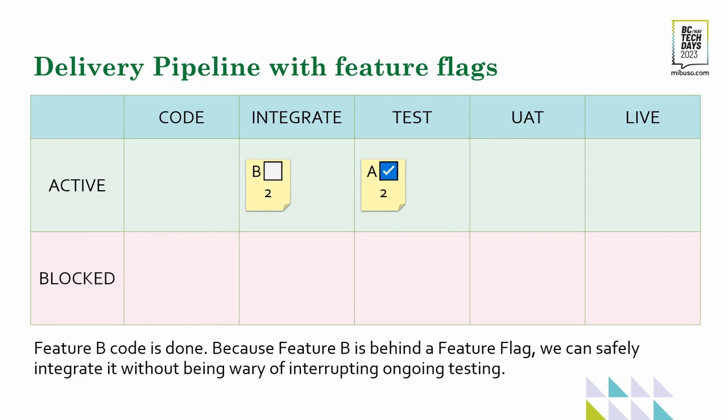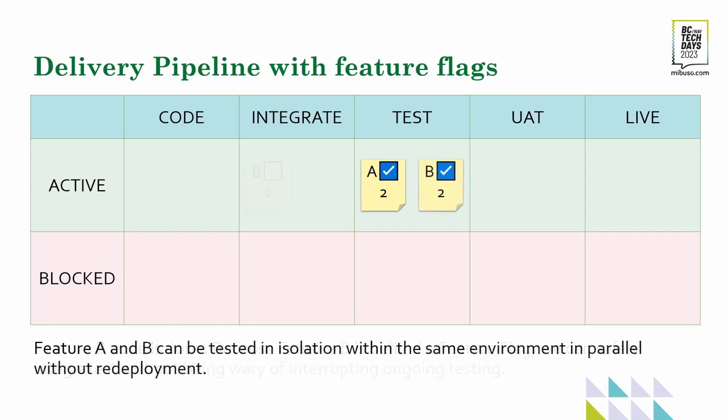And this is where we can even pass feature B to a testing environment to be tested in parallel. We can enable this feature for another subset of functional consultants who are taking care of testing our feature.